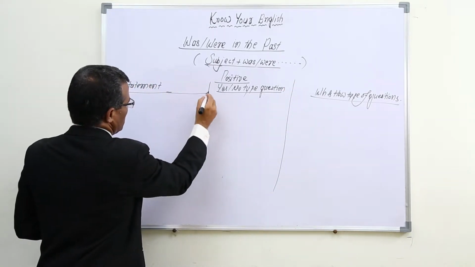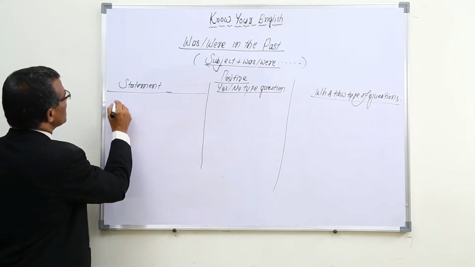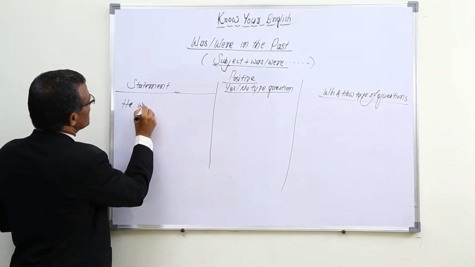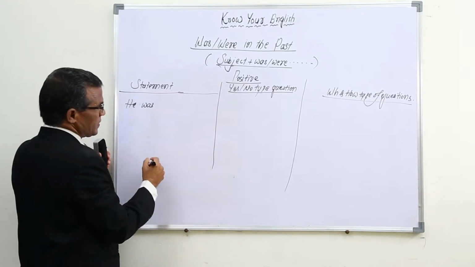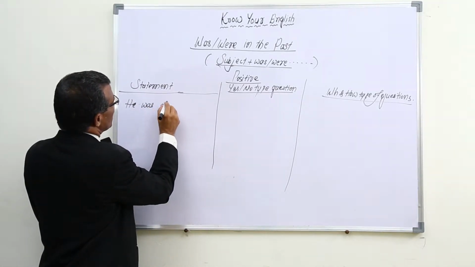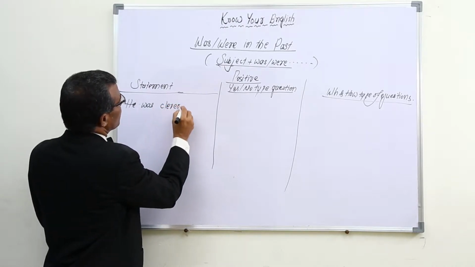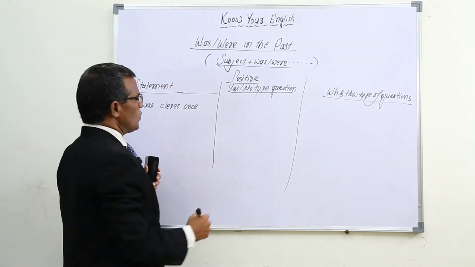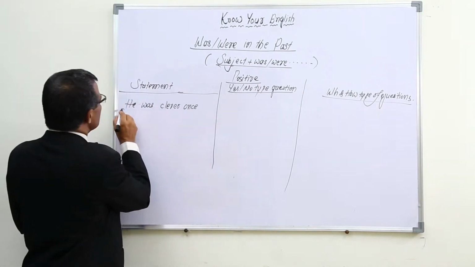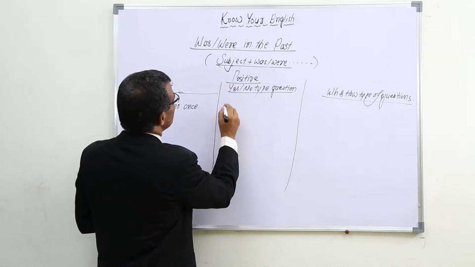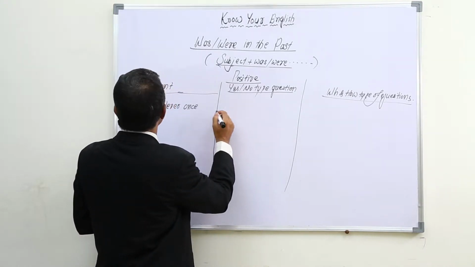For example, he was clever once. So just by changing the order of subject and helping verb or be form was, we get a yes or no type question.